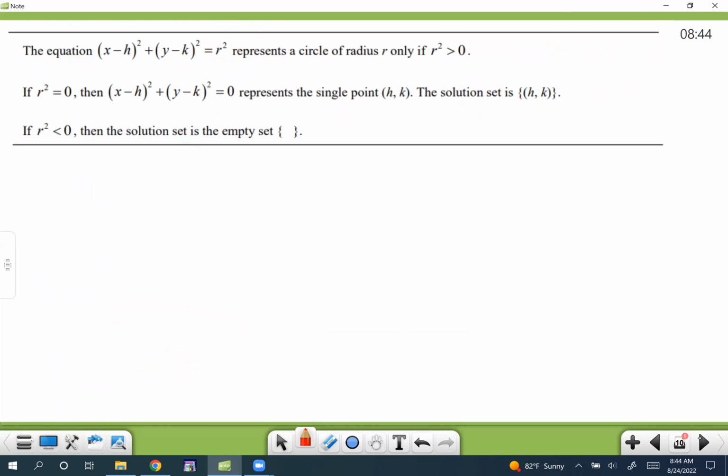Okay, so when you're going from general form to standard form, you might not always have a circle. In order for you to have a circle, that r squared on the right-hand side of the equation has to be a positive number. It would be problematic if it were a negative number. Let's say it's negative 64.